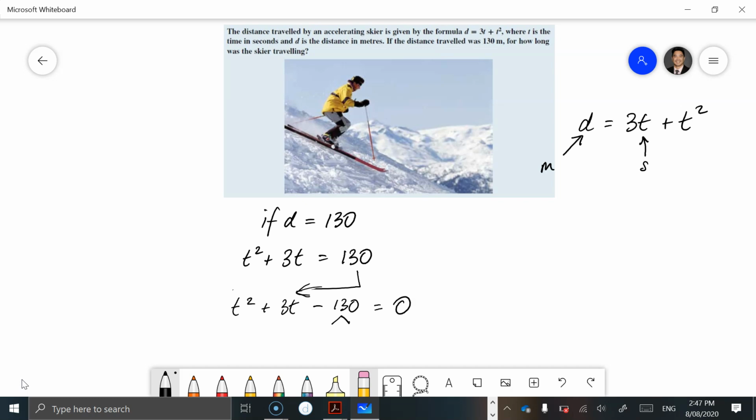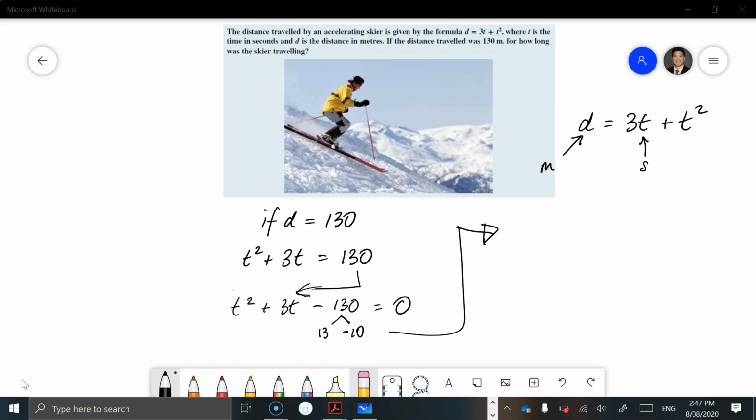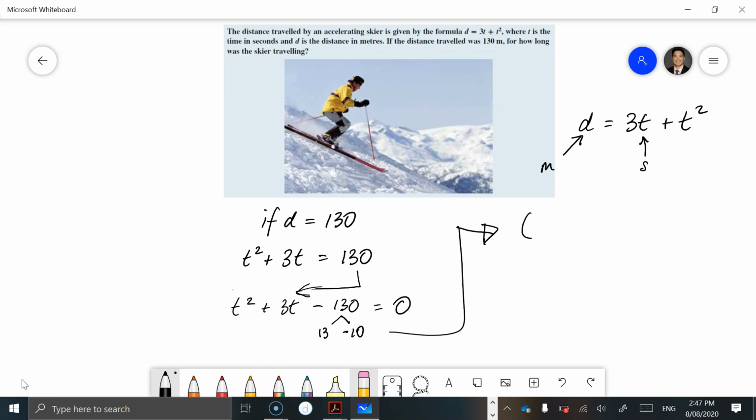I can immediately think of a positive 13 and a negative 10. These two numbers multiply to negative 130, and when put together, add up to 3. So our brackets are going to be t plus 13, and t minus 10 is equal to 0.